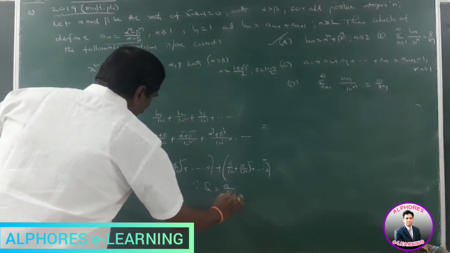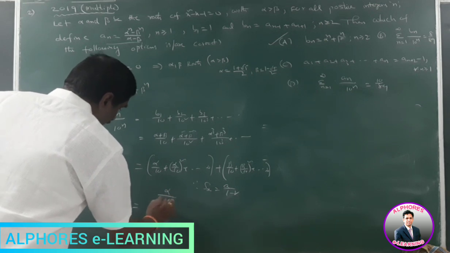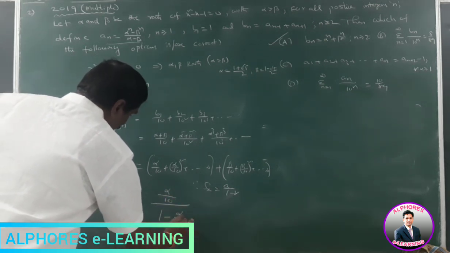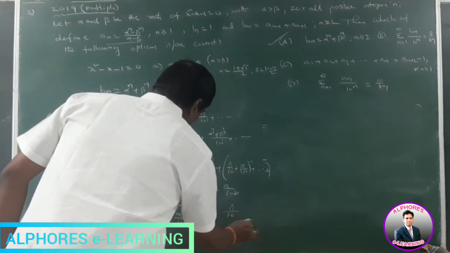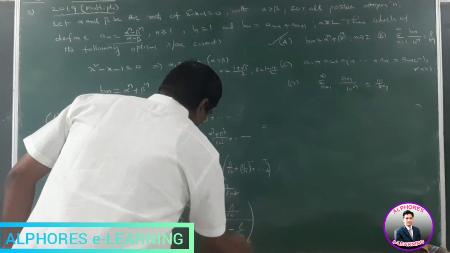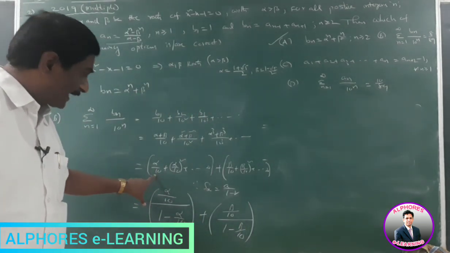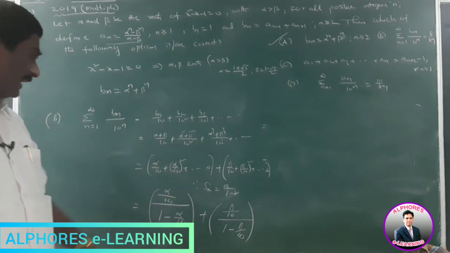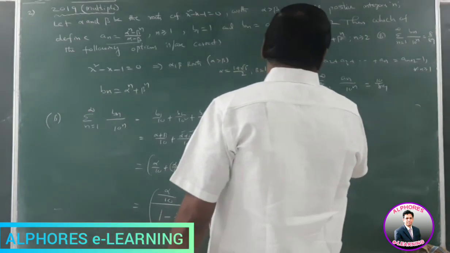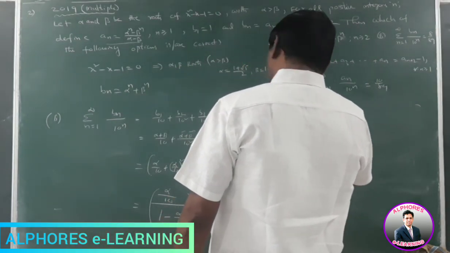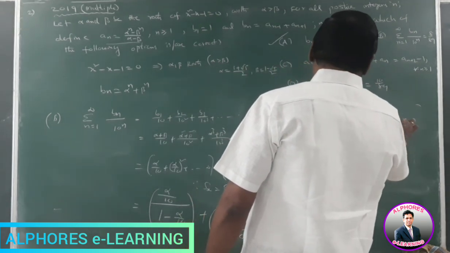By using that formula, S infinite means A by 1 minus R, means alpha by 10 by 1 minus alpha by 10, plus beta by 10 by 1 minus beta by 10. Here A is the first term, alpha by 10, and the common ratio is also alpha by 10. After LCM, it can be reduced into alpha by 10 minus alpha plus beta by 10 minus beta.